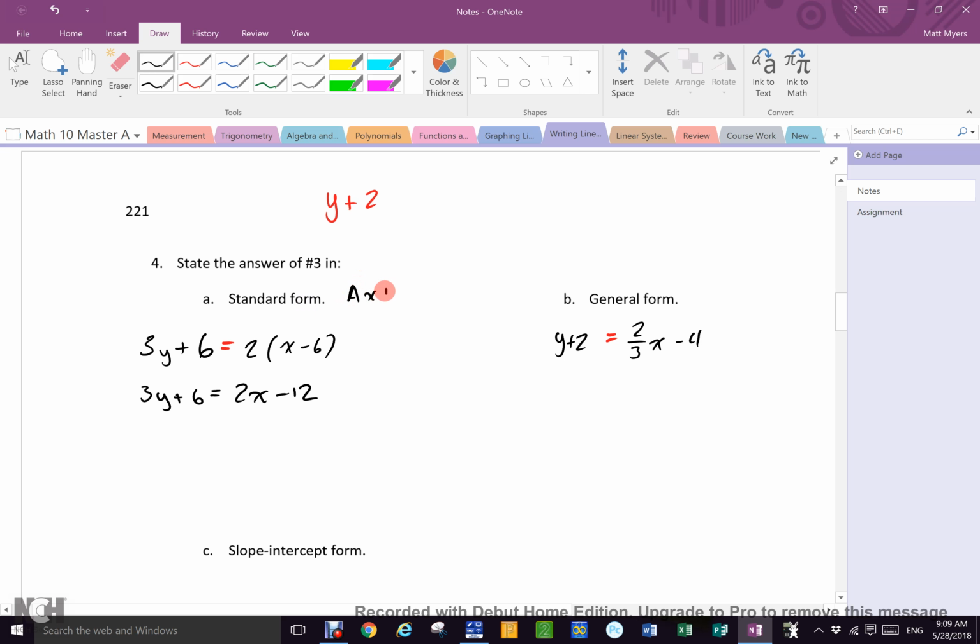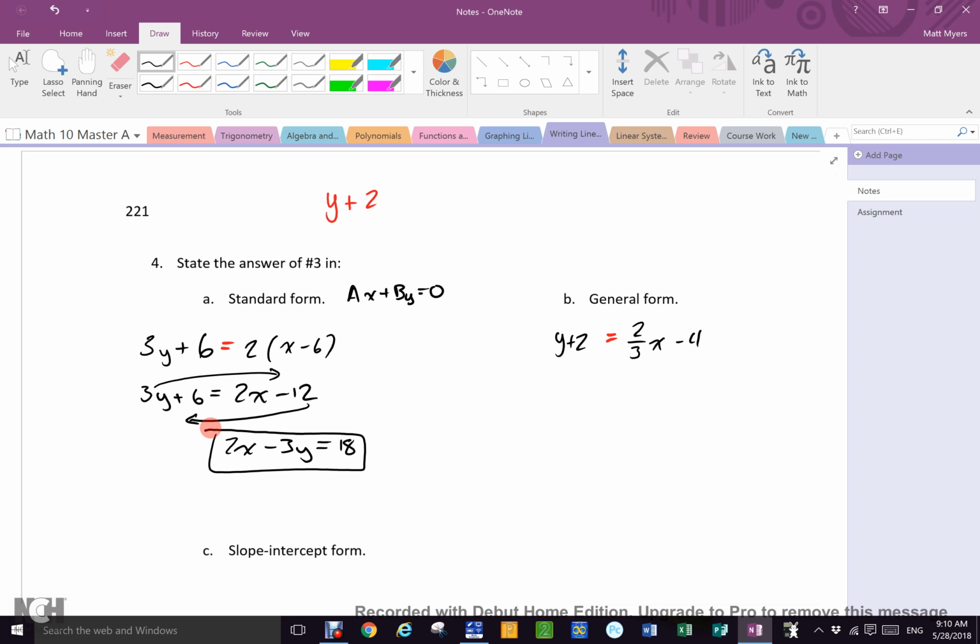Because standard form is ax plus by equals 0. So what has to move? Is x positive? No. 2x. Bring the 3y over, minus 3y. Bring that 12 over there. Equals 18. Everybody cool?